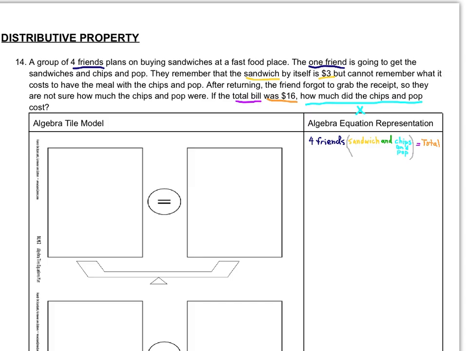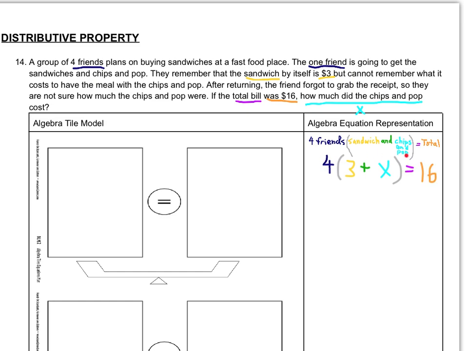Take a moment, plug in the parts we know. So the 4 friends we can call 4. That's being multiplied by the quantity, that's this parenthesis part. The sandwich was $3 plus the chips and pop, we don't know how much it is, so we're going to call that x. That gave us a total of $16.